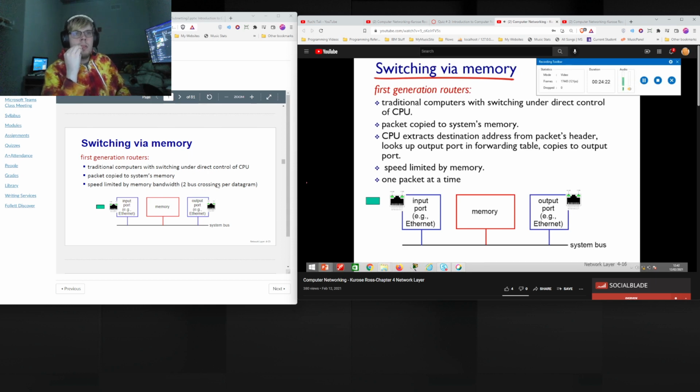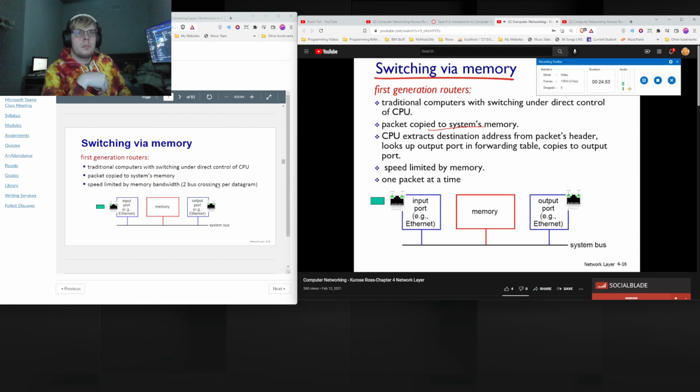The input port with an arriving packet first signals the routing processor via interrupt. When the packet arrives, it is first copied to the system's memory. Then the CPU extracts the destination address from the packet's header, looks up the output port in the forwarding table, and then copies that datagram to the output port.